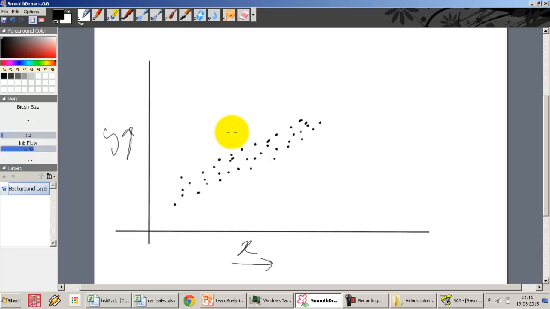Now, if we don't have any regression model and we want to predict the value of Y, what is the best predictor of Y if we don't have any other information?